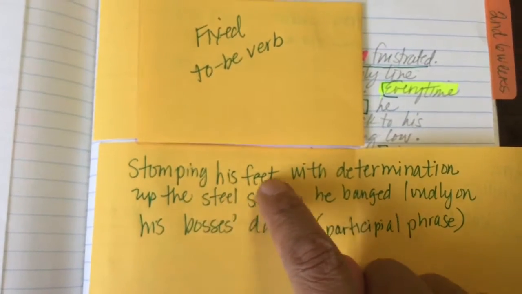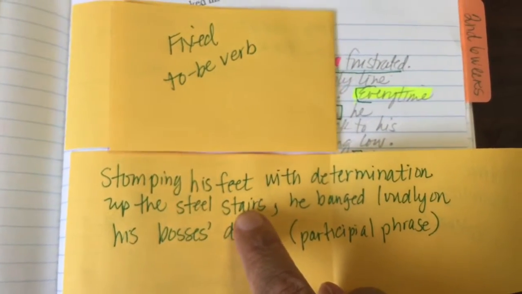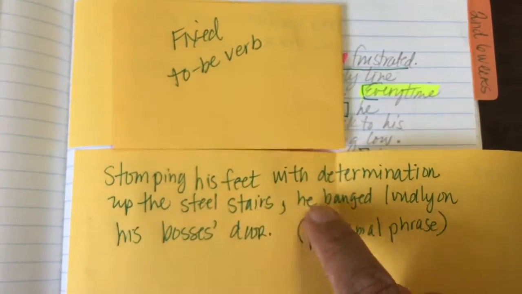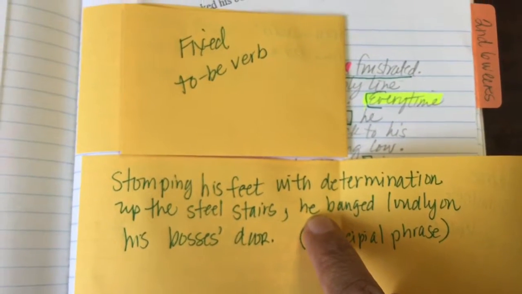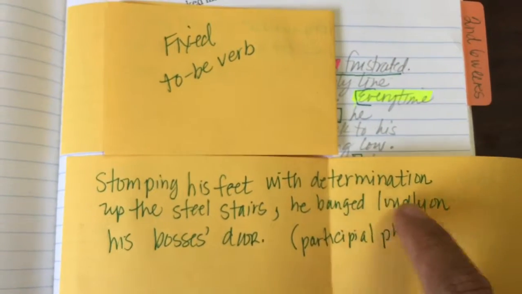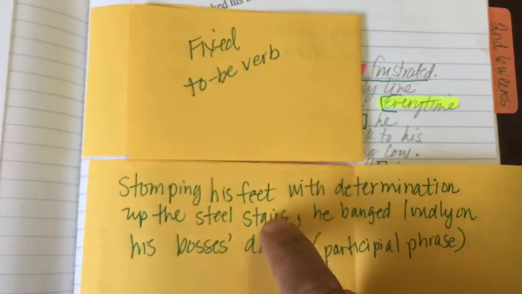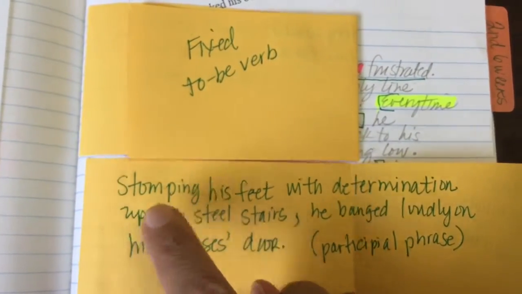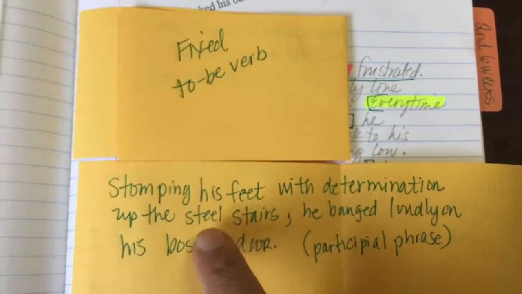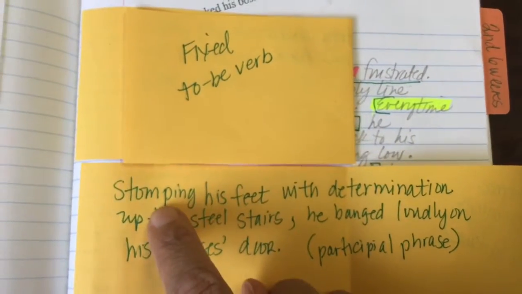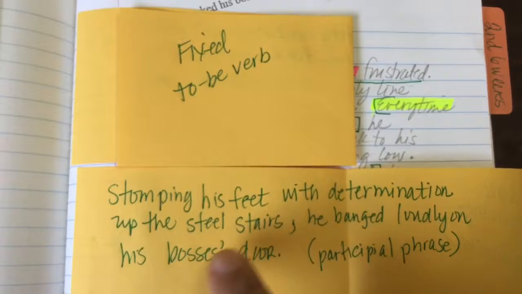Stomping his feet with determination up the steel stairs is the participial phrase. This is my independent clause. He banged loudly on his boss's door. I could take out from his to stairs, and I could just say stomping, he banged loudly, right? We're still talking about he, right? That was just the participle, but that's the whole phrase.